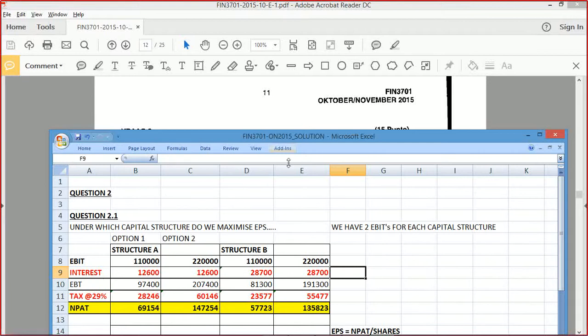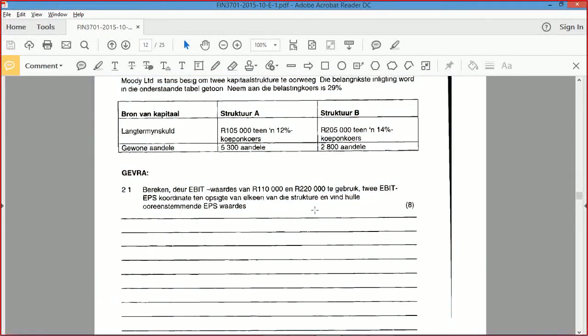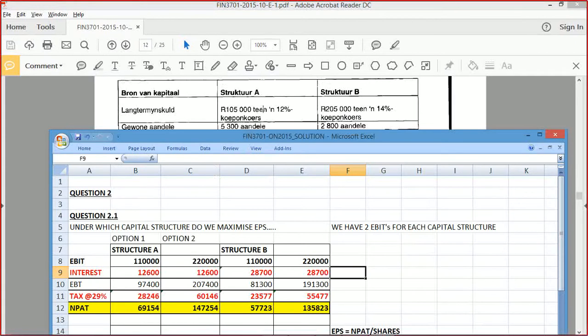Well, the interest would be calculated based on the information in the question. So 105,000 at 12%, and then 205,000 at 14%. So that would be 600.